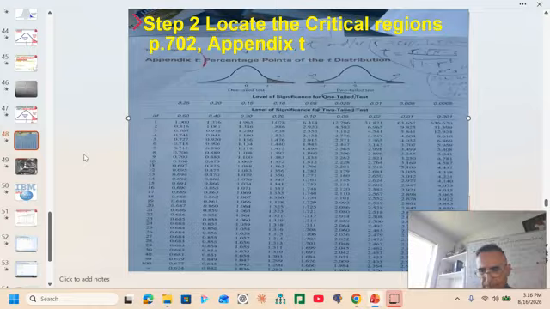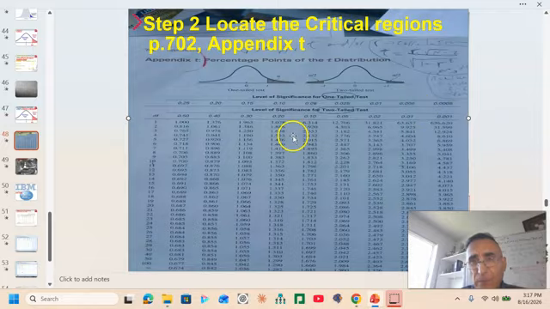Okay, let me check something here. So again, in social sciences, we only use alpha of either 0.01 or 0.05.